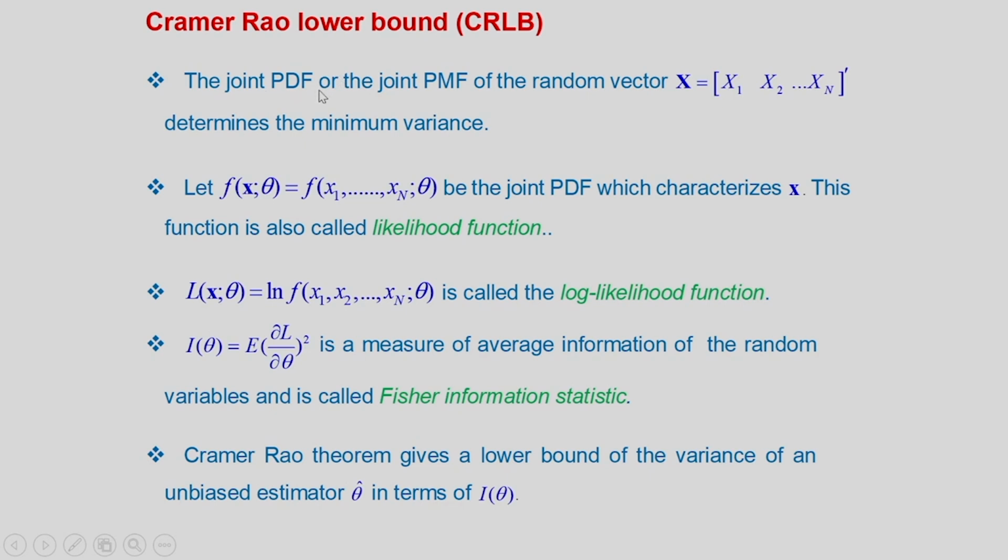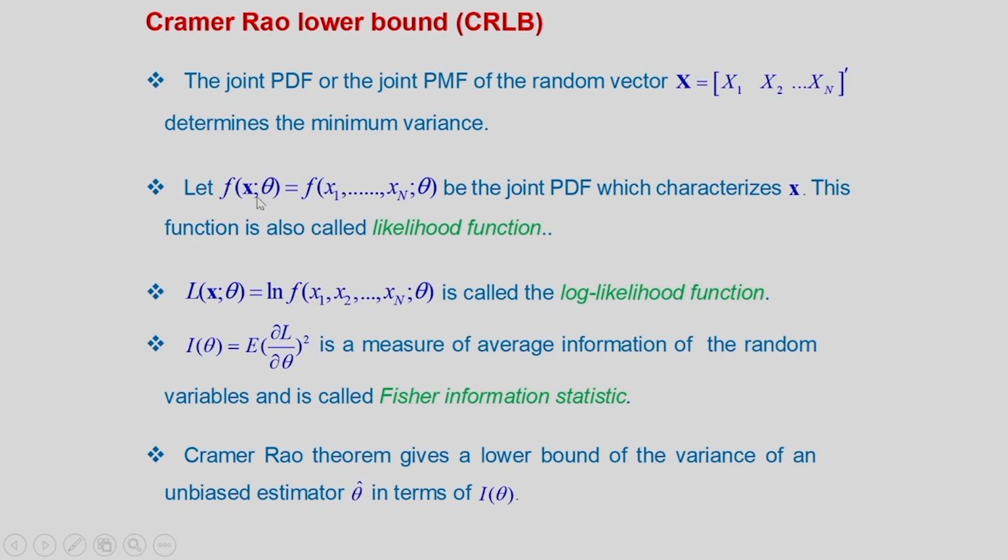The joint PDF or joint PMF of the random vector x, that is x1, x2 up to xn transpose, determines the minimum variance. This joint PDF will only determine the minimum variance of theta hat. Theta hat is a function of these random variables.